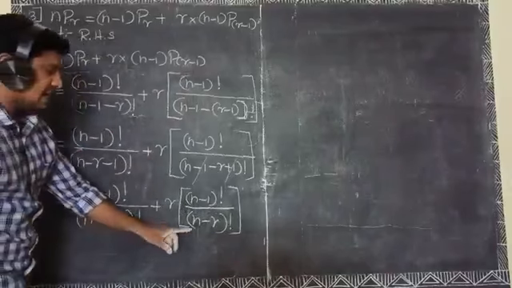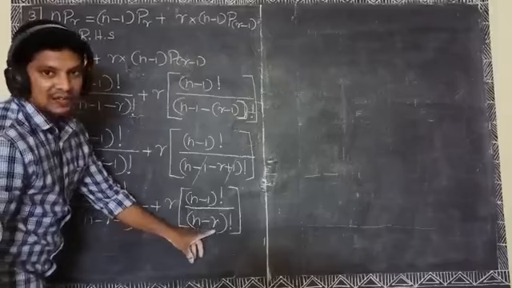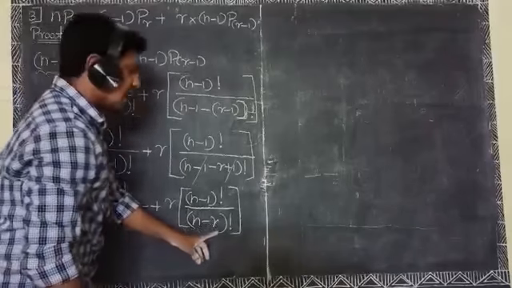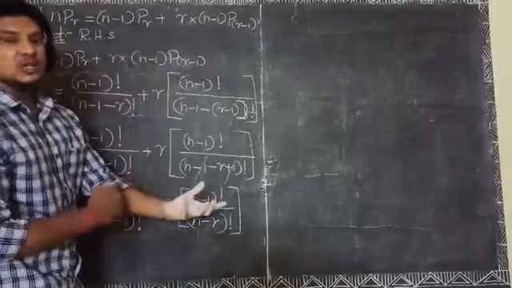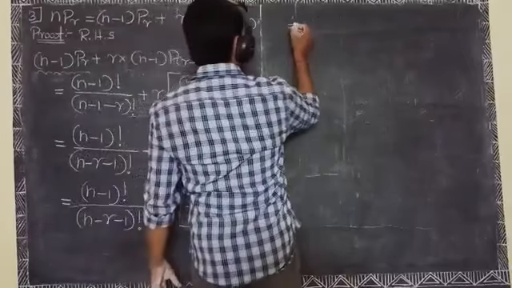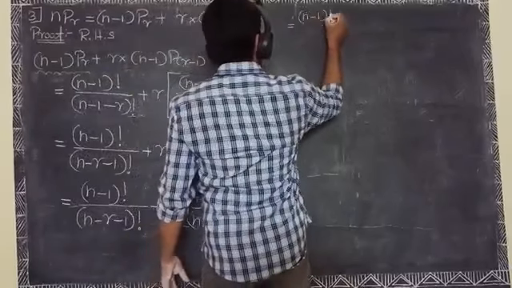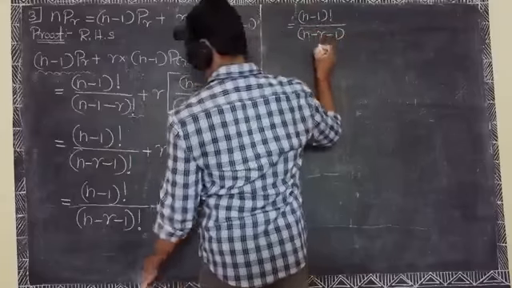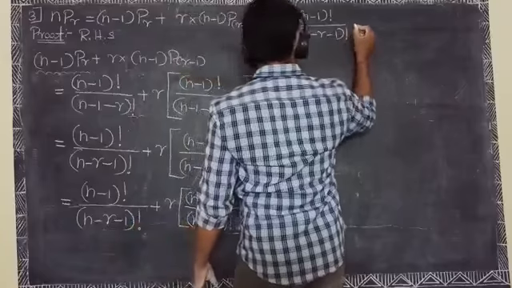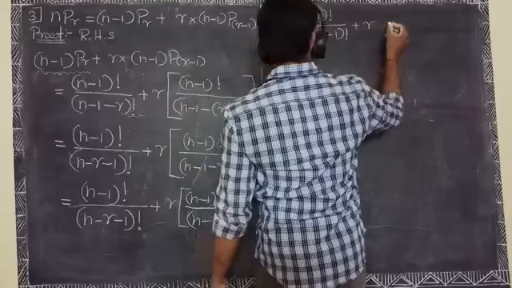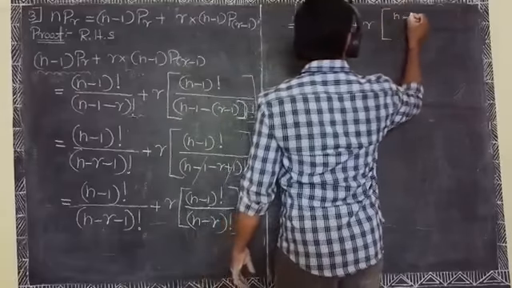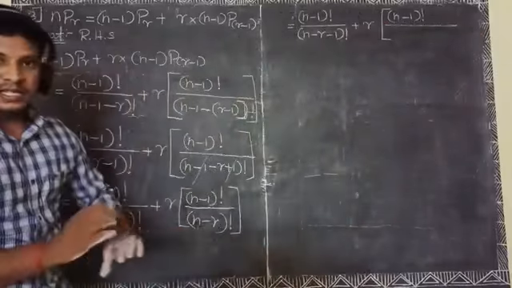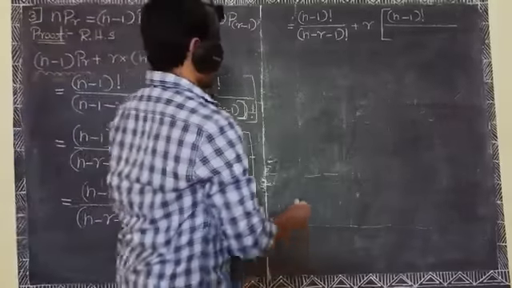Then the denominators are (n minus r) factorial and (n minus r minus 1) factorial. So (n minus r) factorial we can change to (n minus r) into (n minus r minus 1) factorial.